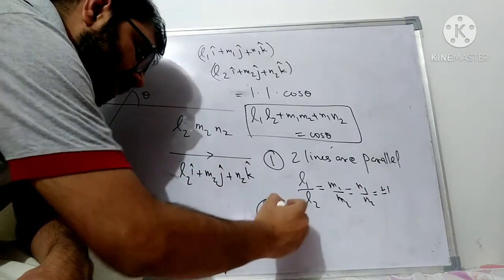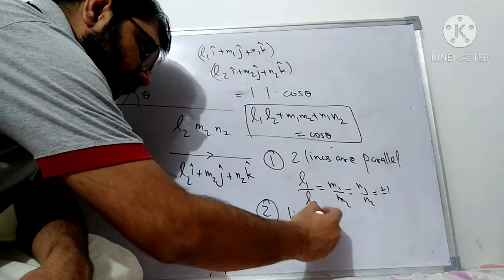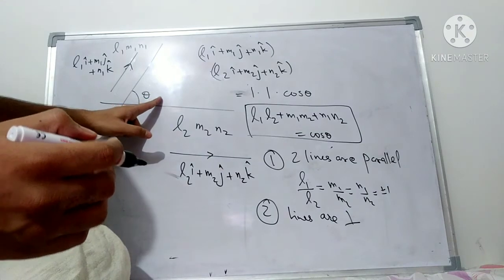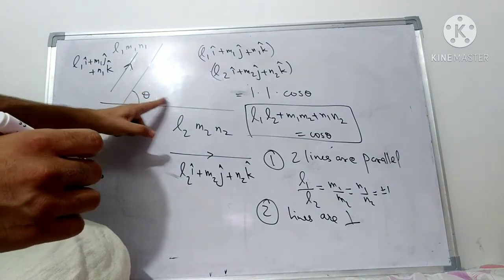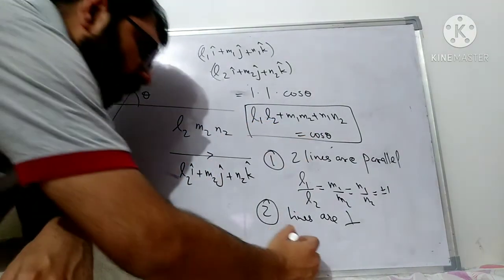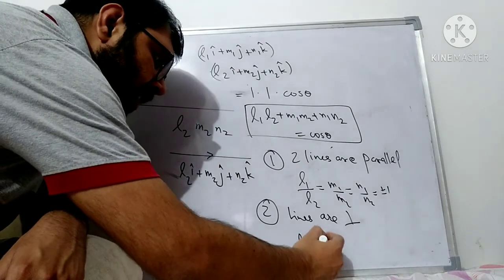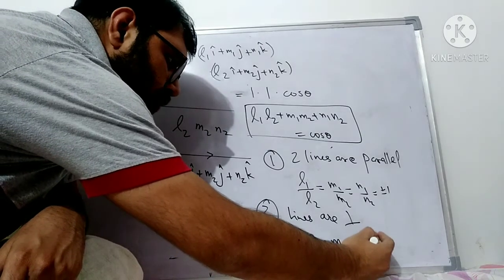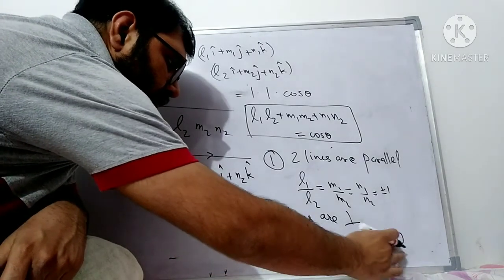And the other case is if the two lines are perpendicular. Then theta is equal to 90 degrees, and cos 90 will be 0. So when the two lines are perpendicular, we have this result: L1 L2 plus M1 M2 plus N1 N2 is equal to 0.